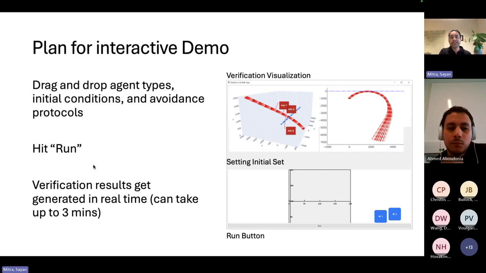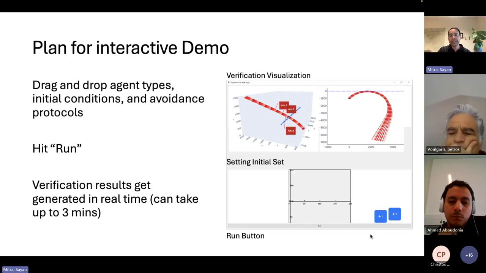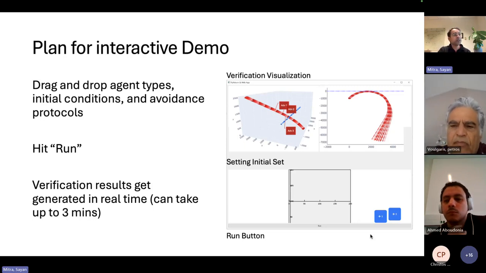This visualization is going to be running on a local laptop, or maybe it's also going to be browser based. We are exploring different ways of doing this, Petros, but the backend computation is all going to happen there. So we don't have to worry about that too much. Okay, Internet connectivity is definitely going to be required. Sure, sure.